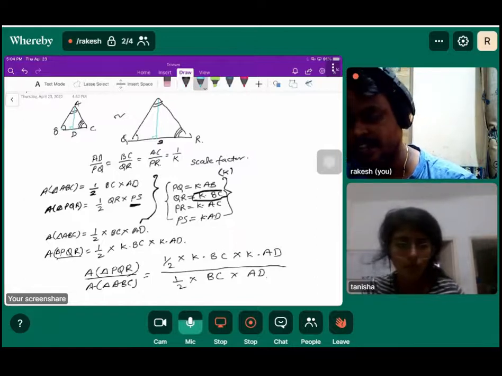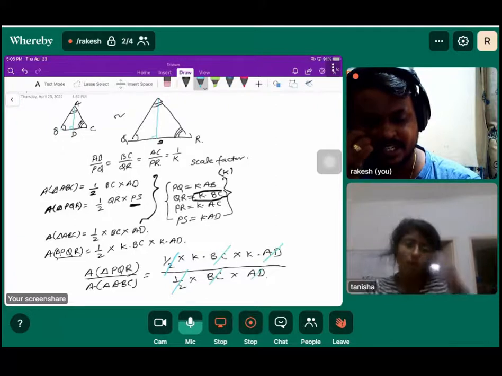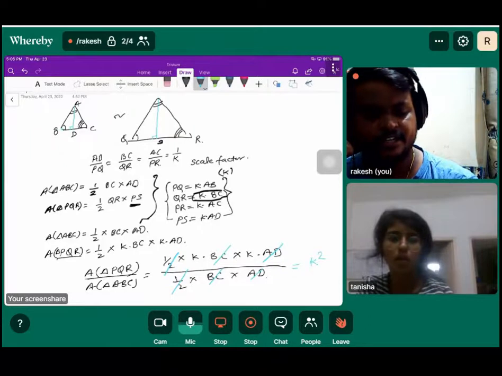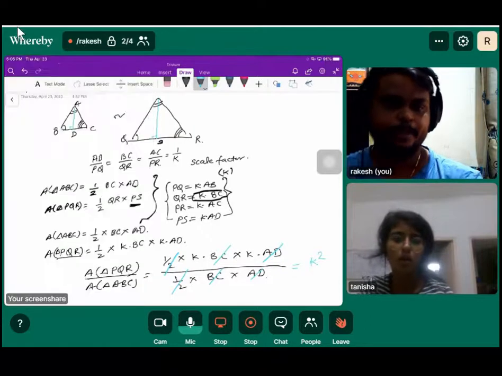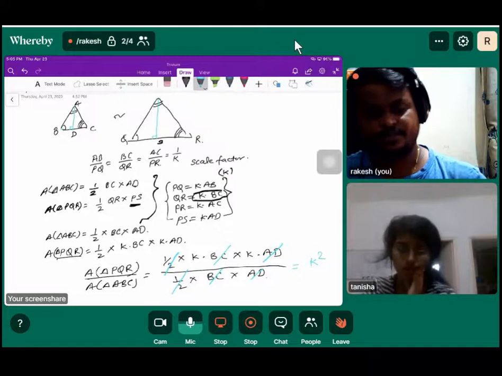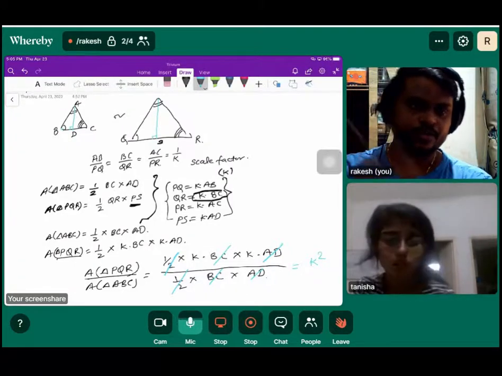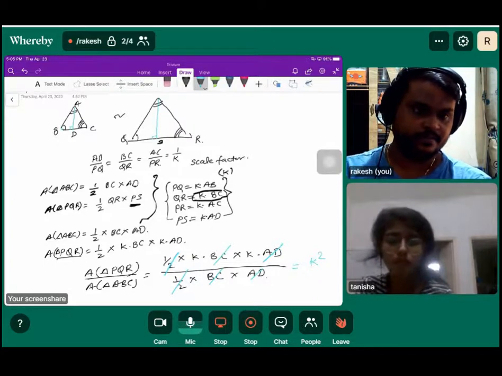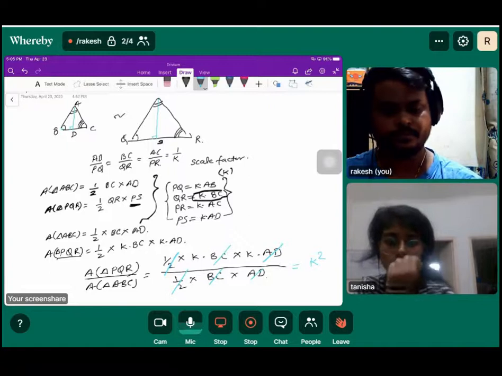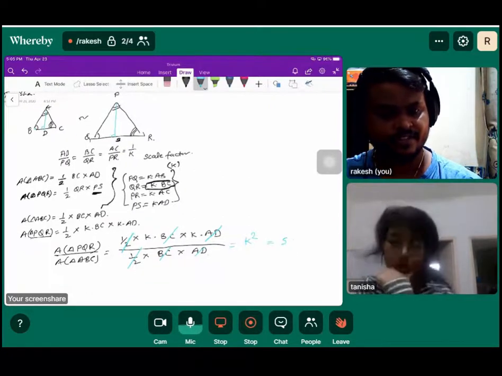So we can cancel few things here, half of BC and AD will cancel out, and you are left with k square. So that is what I mean to explain here. If two objects are similar, the ratio of their areas will be equal to the square of the scale factor.